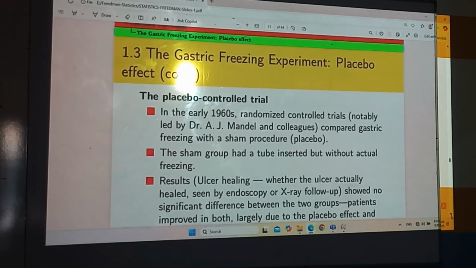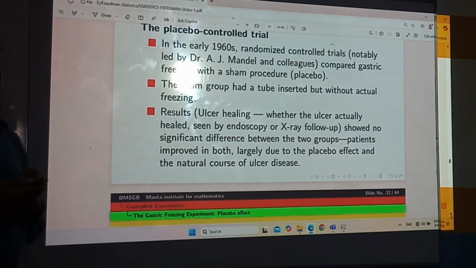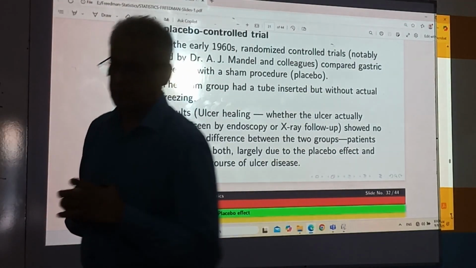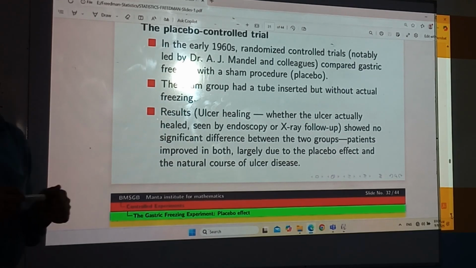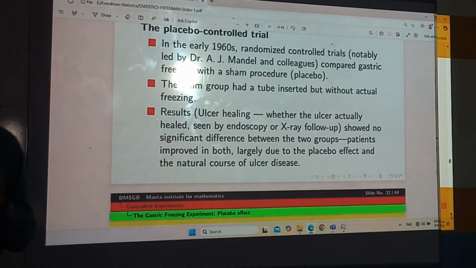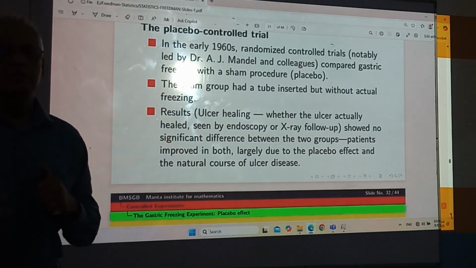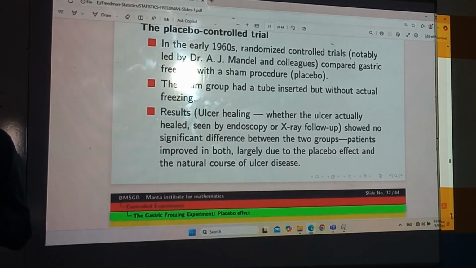But then later on, some person did a randomized controlled experiment. In that one, they used a placebo method. That means they also applied a similar procedure, but it was not actually freezing the stomach, and the patients were not aware of which one they received.